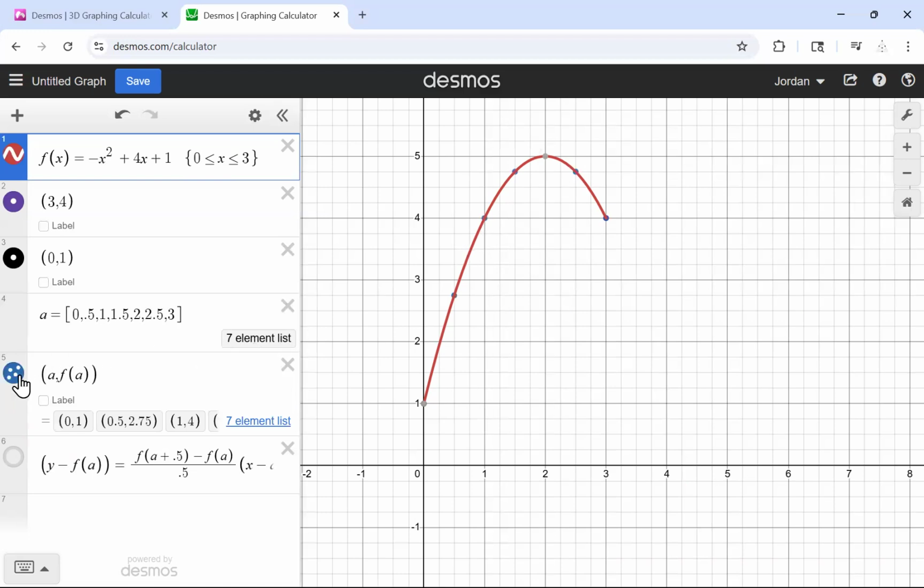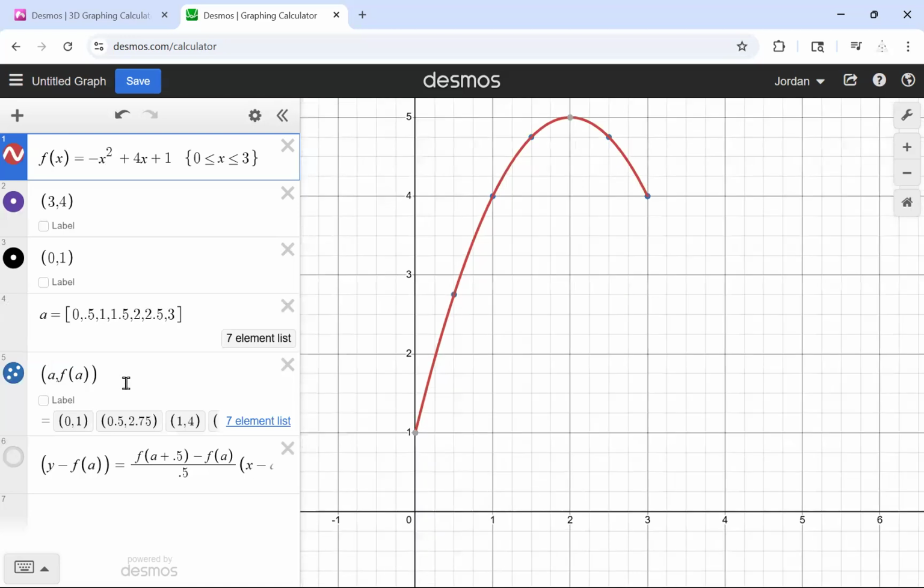Obviously, I can't do that too many times, but now I've made points, and each of my points is basically half a unit away from the next in terms of x values.